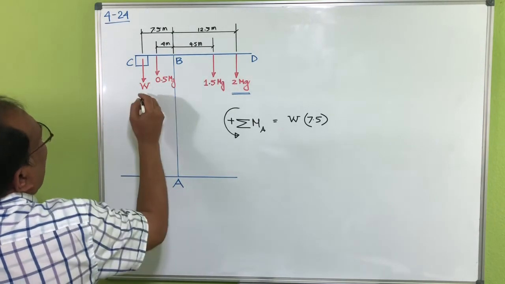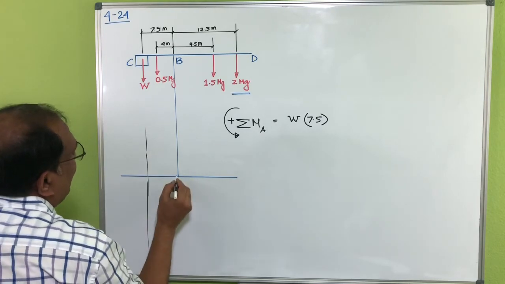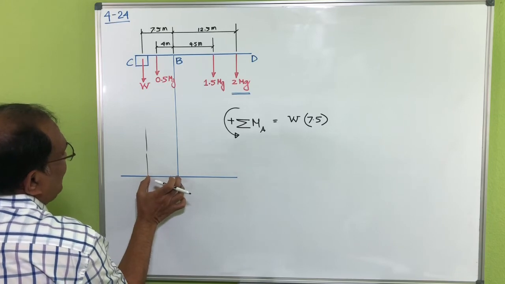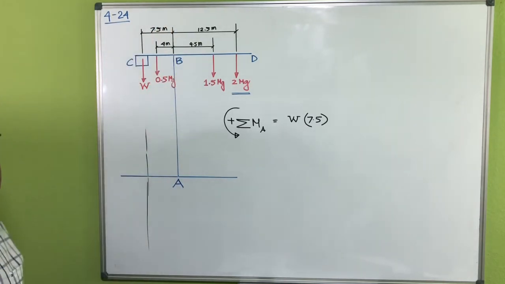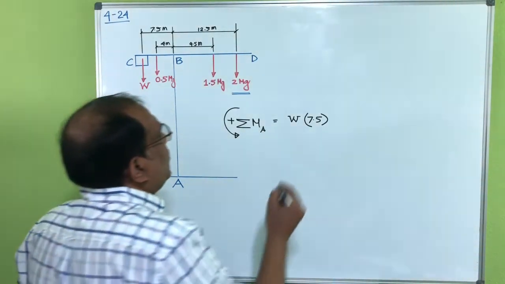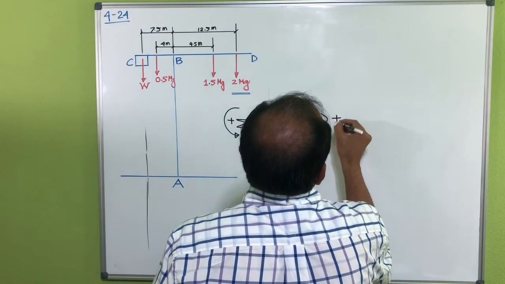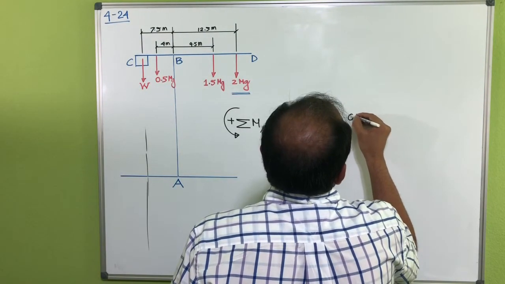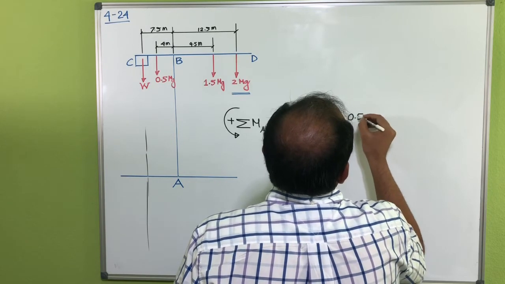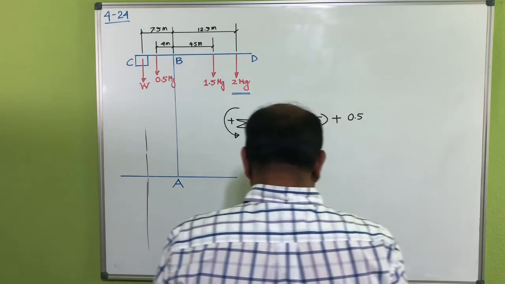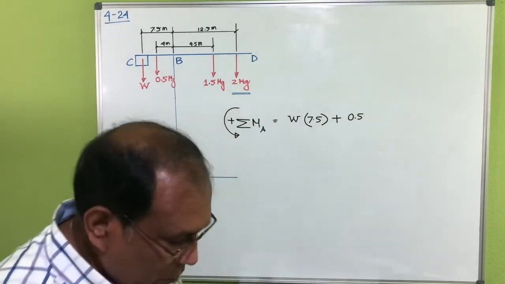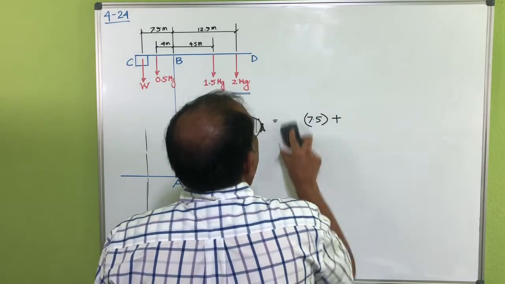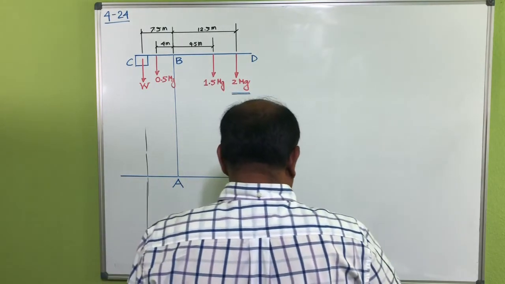The line of action of that force is passing here, and the distance from A to the line of action of that force is this much, which is 7.5 meter. Okay, so plus, for this force, I can just change everything to kg.